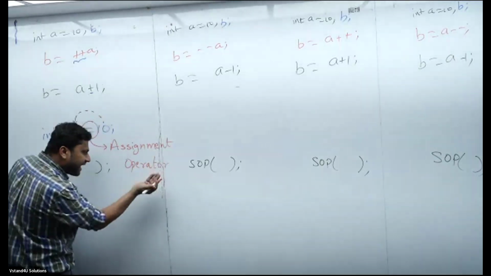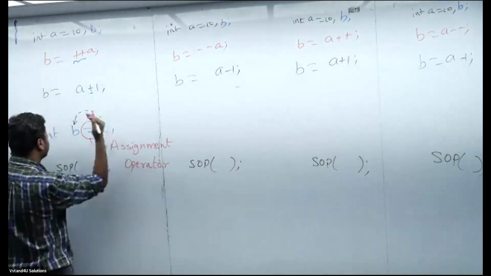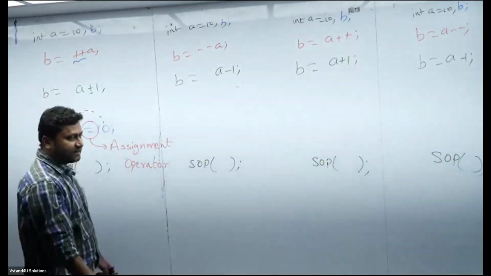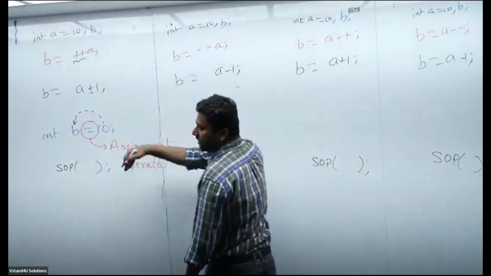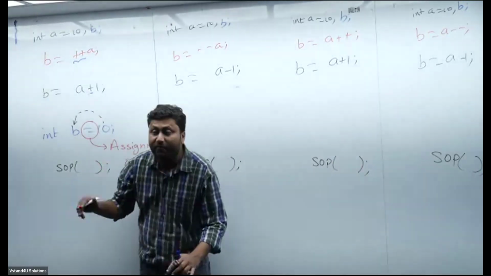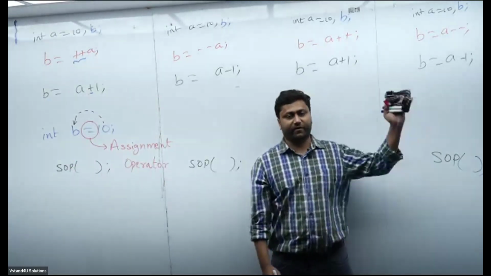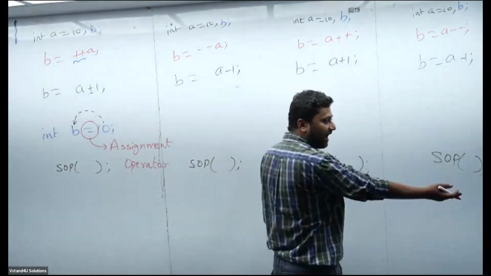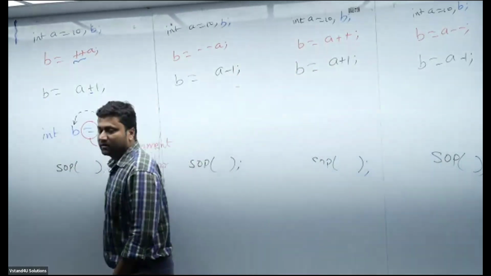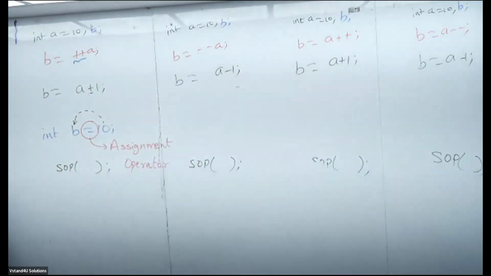It takes the value from the RHS and puts it into the LHS. That is the job of an assignment operator. Am I clear? No confusion?